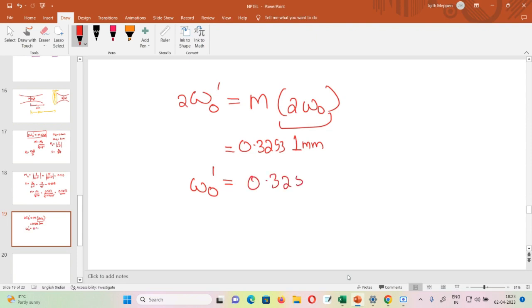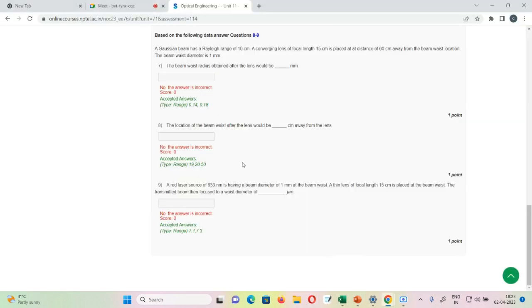It will be 0.3253 divided by 2, so it will be 0.162 millimeter. Okay, so the answer range is 0.14 to 0.18 millimeter. 0.16 is the answer. They have put 0.14 to 0.18 as the full answer range.